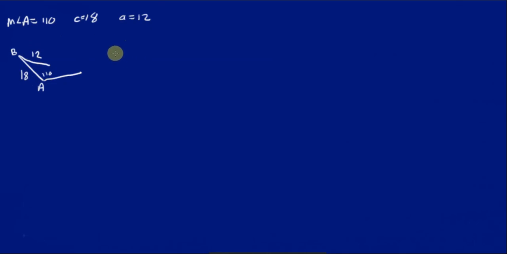All we need to do is compare their two lengths. Always start on the left with the one that is opposite the angle, and we're going to compare that to the other side. Obviously, this is less than that, and if that is less, then I have no solution. And I just stop right there.